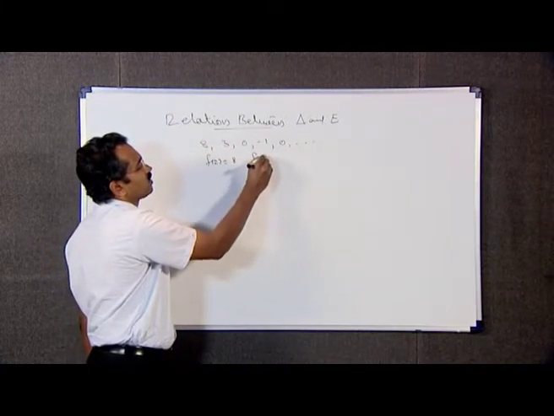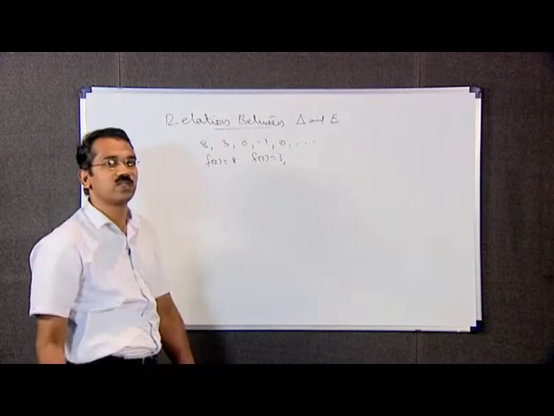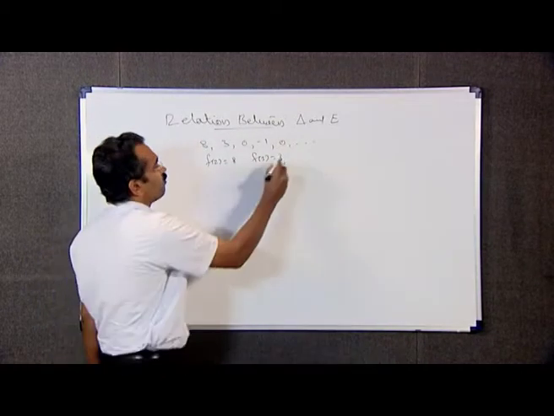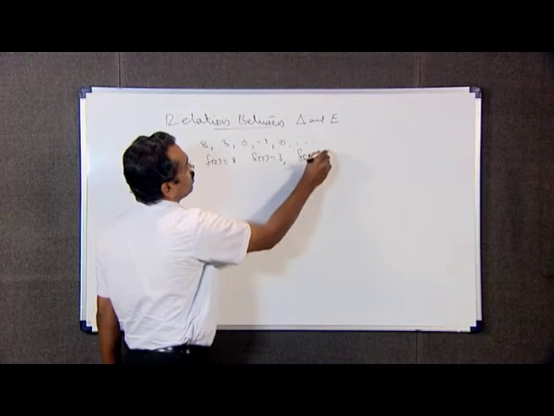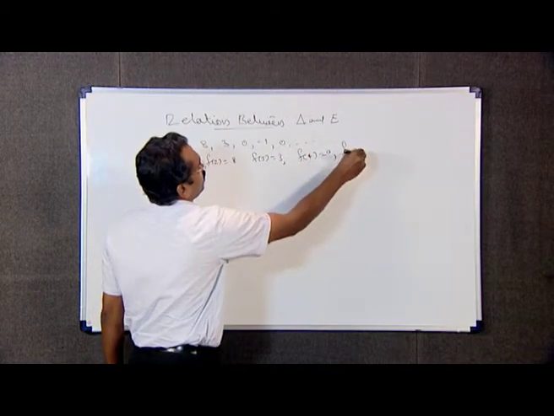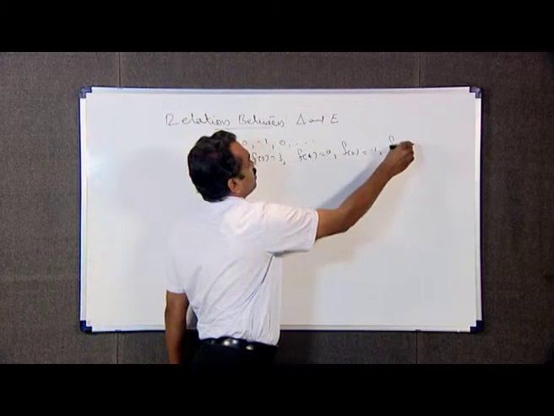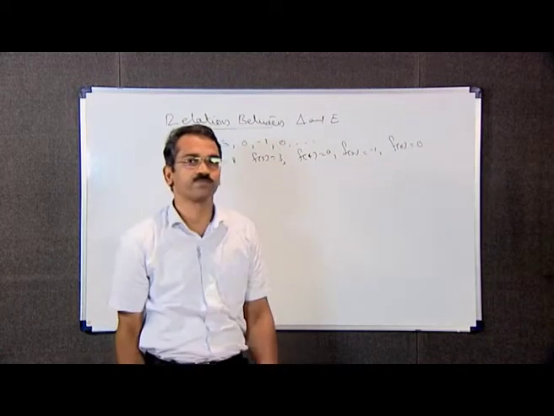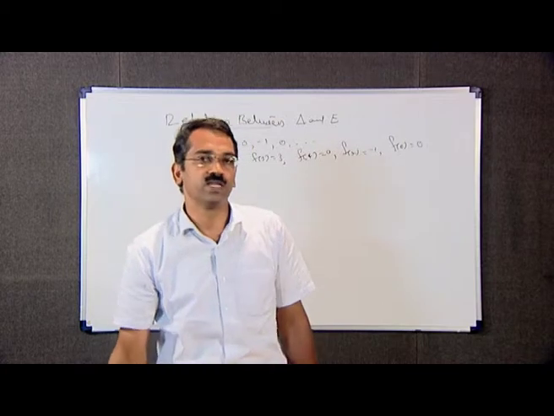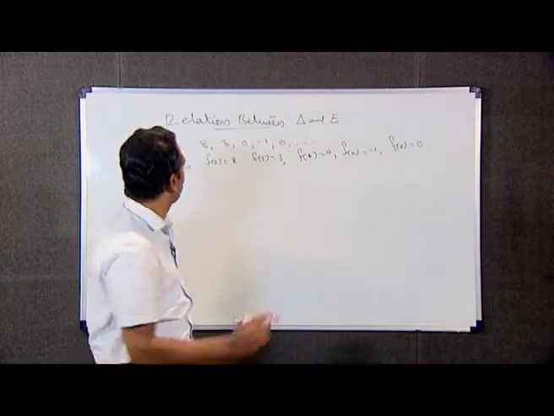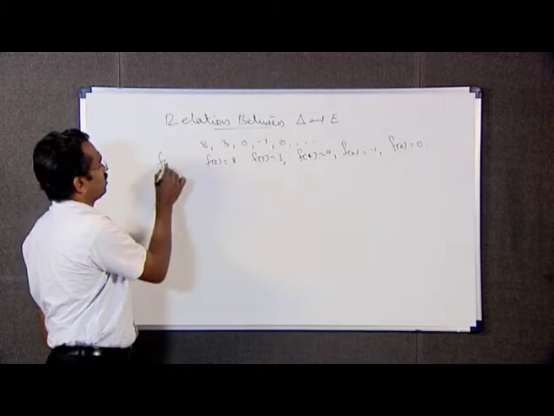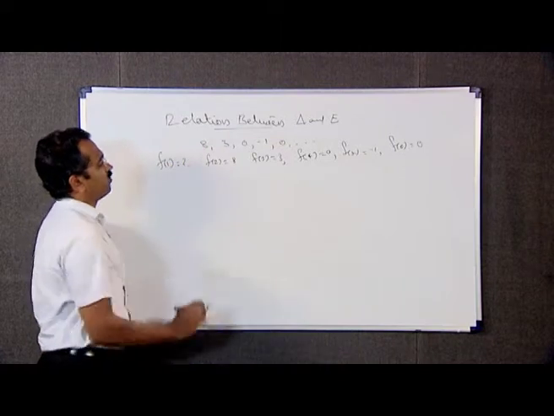Third term is 3, f(3) is equal to 3, f(4) is equal to 0, f(5) is equal to minus 1, f(6) is equal to 0. These are the given values. We have to find f(1), the first term.